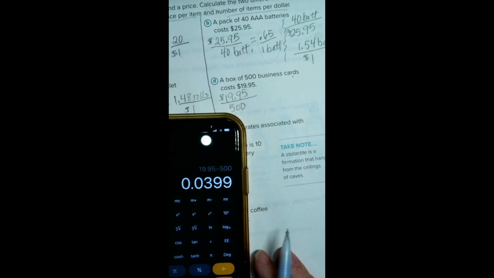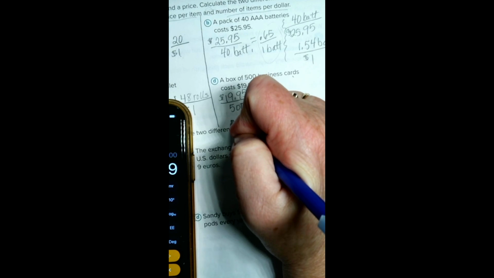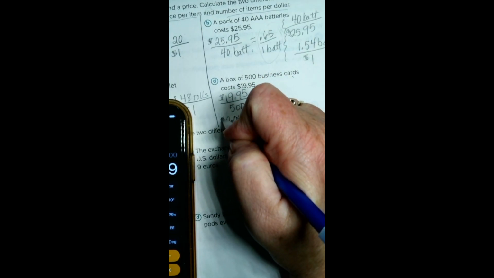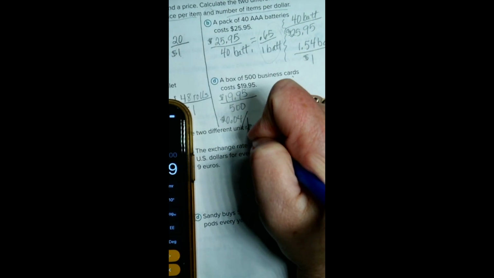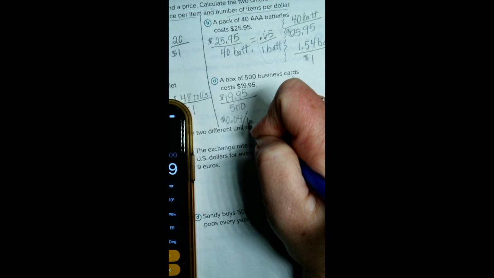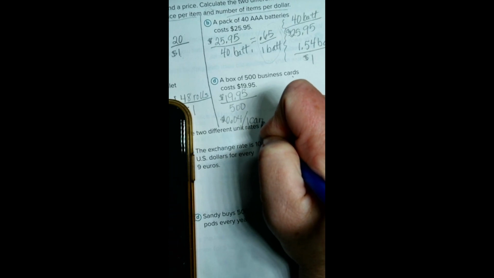So that 9 will tell us to make that a 4. So we're going to say it's about 4 cents. So 4 cents per one card, or just per card.